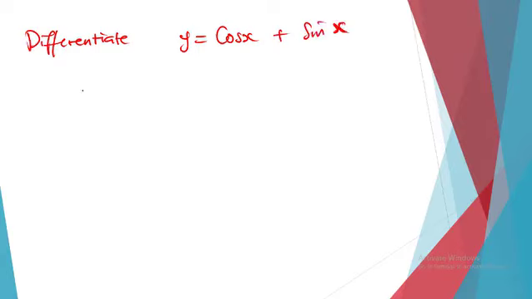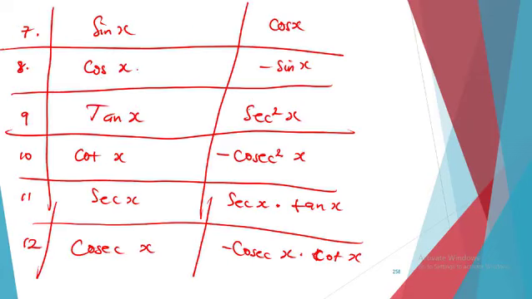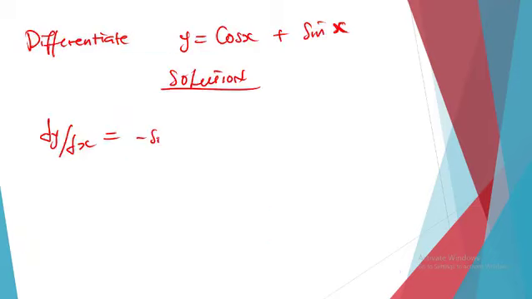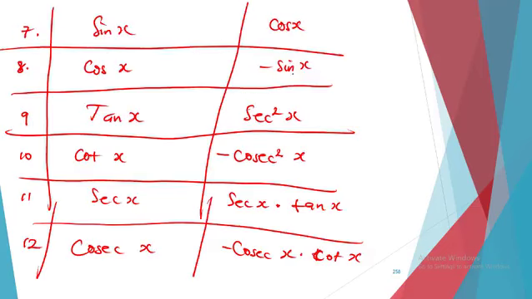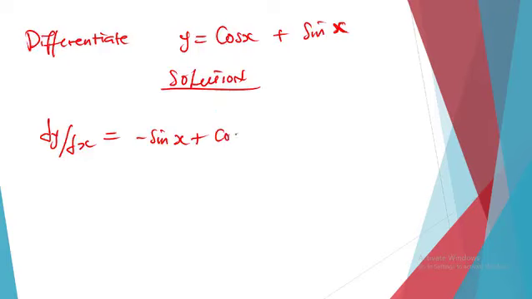You just go to the table and tell us that dy over dx is equal to, when you differentiate cos x, what do you have? Cos x will give us minus sine x. So you write it, minus sine x plus, when you differentiate sine x, you have cos x. Plus cos x. And that's just the answer. As simple as that. Okay.